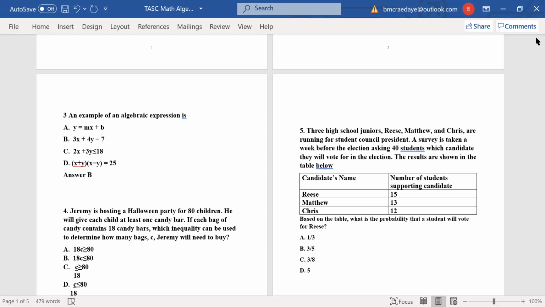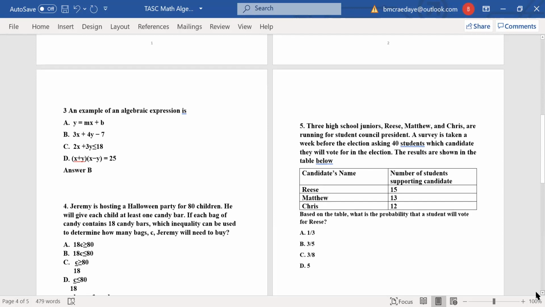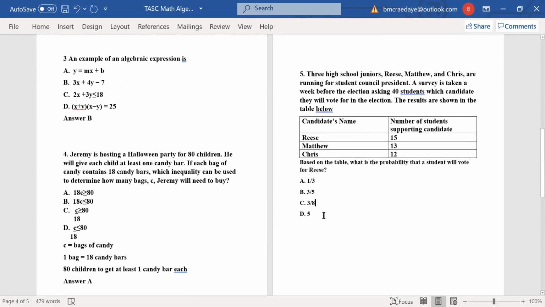Probability, possible over total. You remember your probability formula, right? They got 40 students.